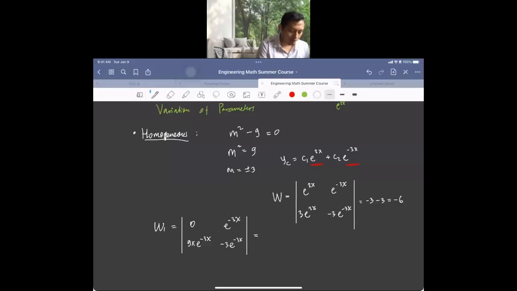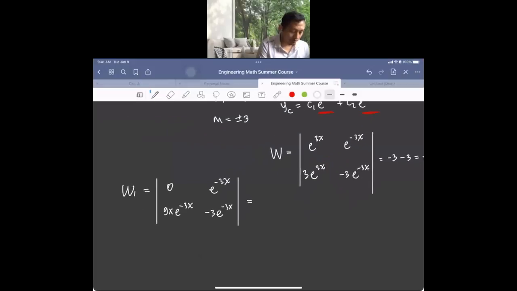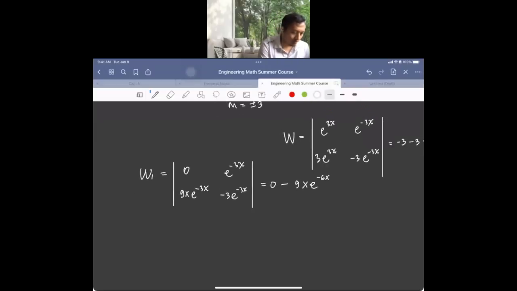And the rest is just keep the same. So it will be minus, completely 0 minus, right? 9x e negative 6x, right?